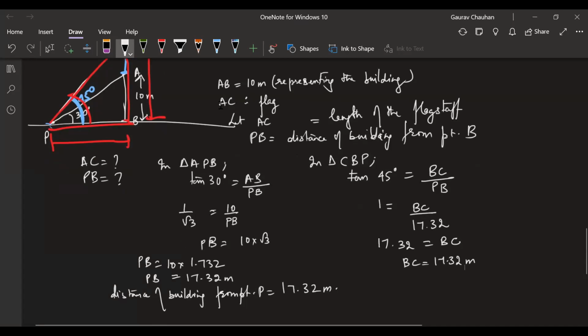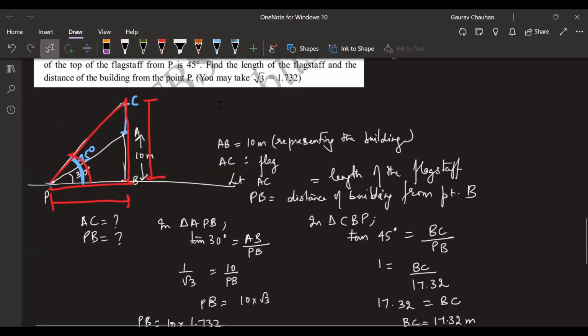Now this is not my answer. I have to find AC, the length of the flagstaff. I have this full length, and I will find AC by subtracting.